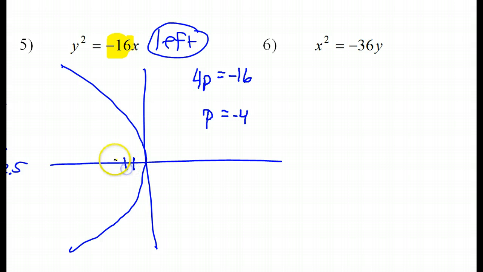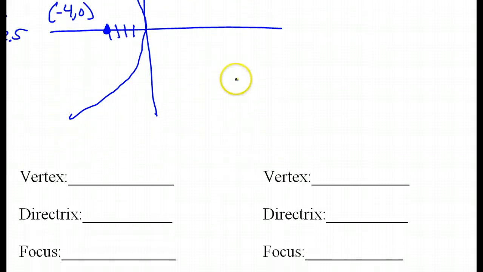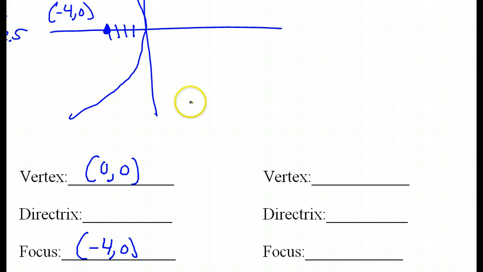So 1, 2, 3, 4. All right, there will be our p value. So that means the focus is negative 4, comma 0.